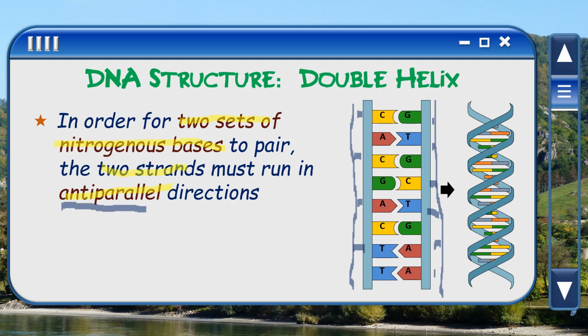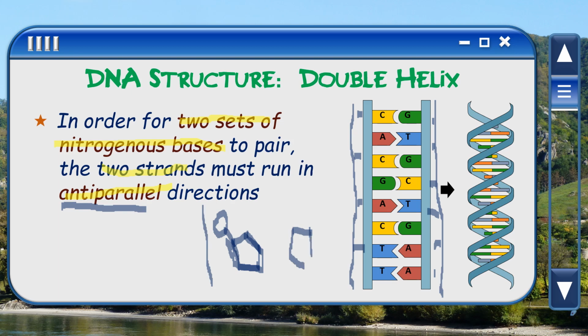We are saying antiparallel. When we were looking earlier, we saw that we had a sugar, a pentose sugar. Then on a pentose sugar, we had a phosphate, in that direction. So all of them would be facing in that direction, moving upwards. Therefore, when we say that they should be antiparallel, if this strand, the sugar, is facing up, then on the other side the sugar should be facing down like this.